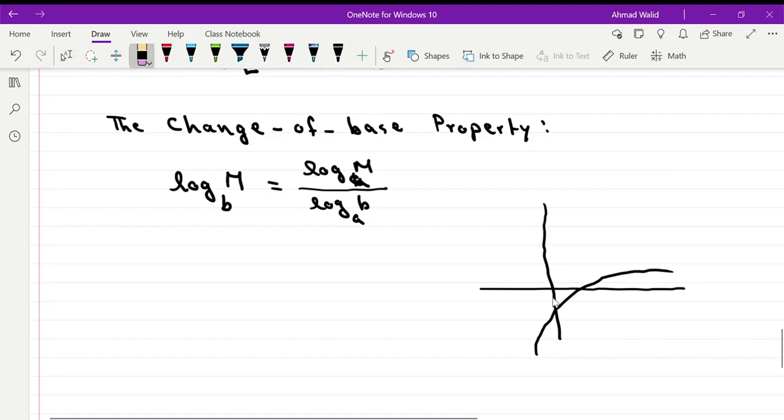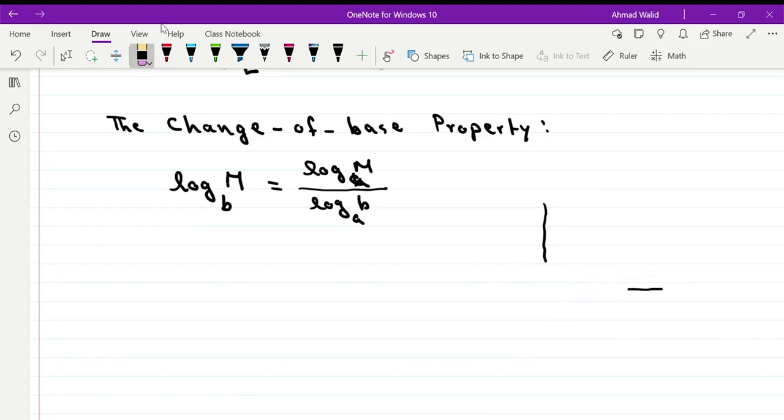Now, the change of base, I will not focus too much on this. We will not do examples, but I just explain to you, because in this class, I'm not with you inside the class to show you how to actually use the change of base formula. That's why I try to skip this part of the lecture, but I put it as a formula for you.